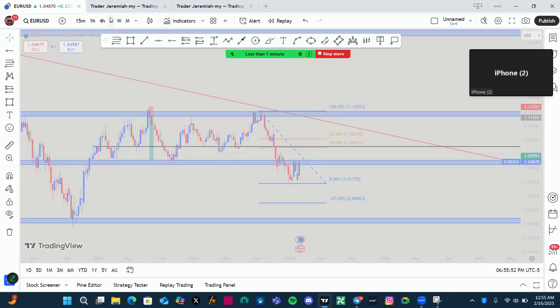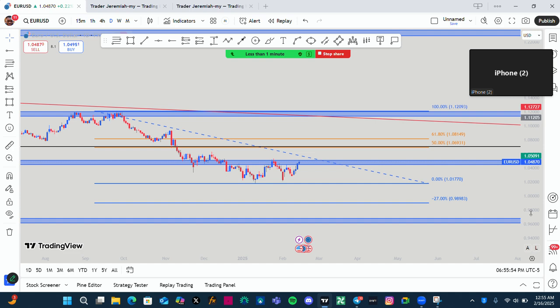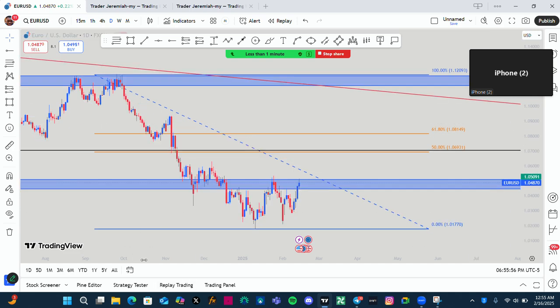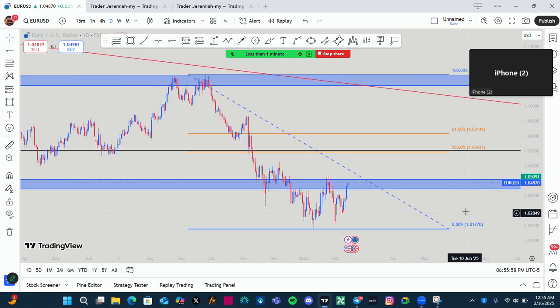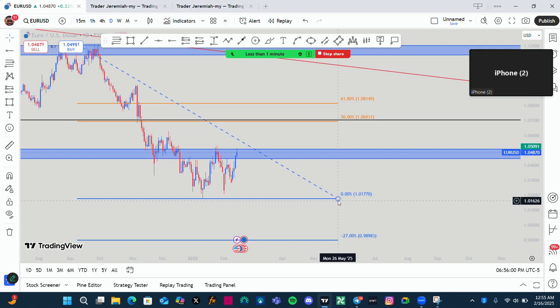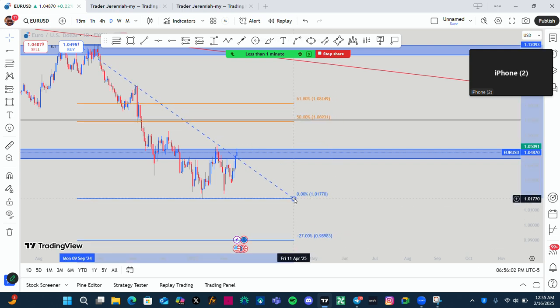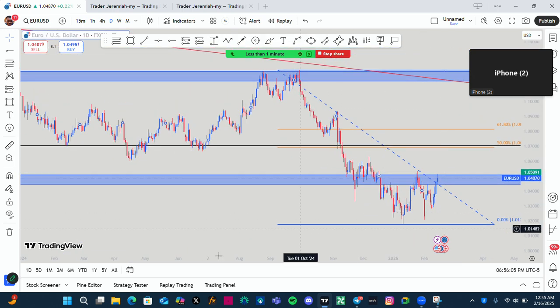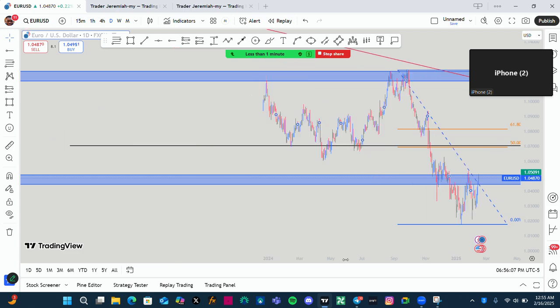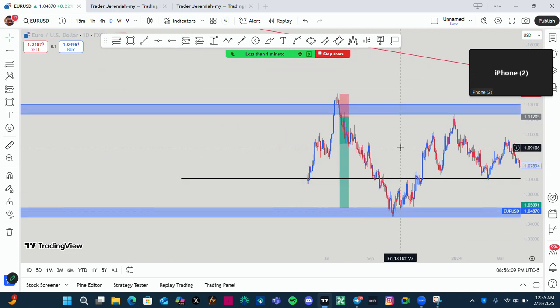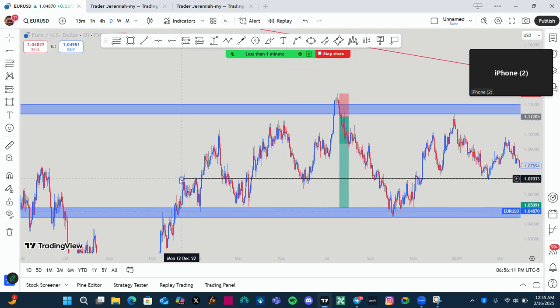So do you have any question on the Fibonacci? No. Okay, good. You are getting it right. So if you can really make use of the Fibonacci on higher time frame, you will also see changes in your trading. You will see an improvement.